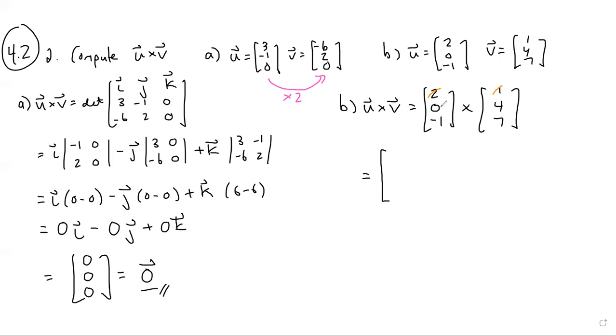And then what I'm going to do is start with this times this. So 0 times 7, and then minus, and then I'll make my way to the other pair. So minus 4 times -1.